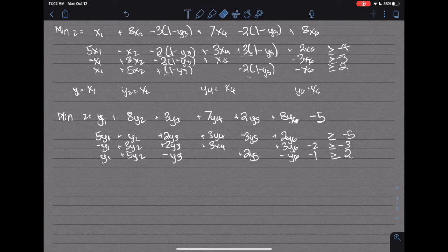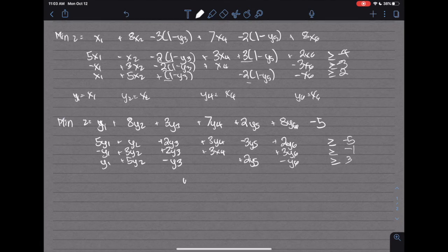Minus 3 plus 2 gives us a negative 1. Minus 1, 2. 2 plus 1, when we transpose, this gets us greater than or equal to 3. Alright? And we maintain that yi is binary.